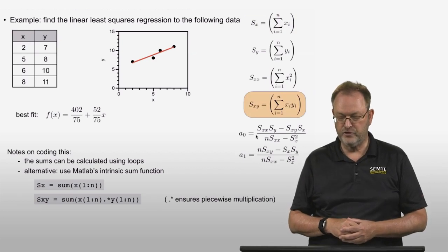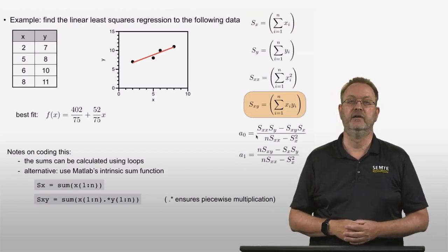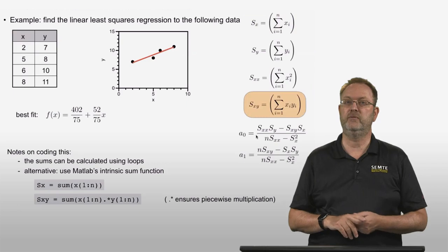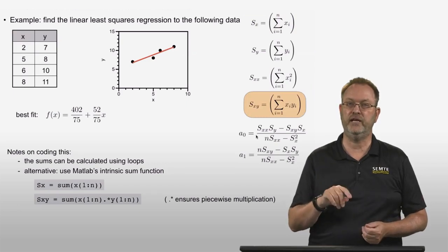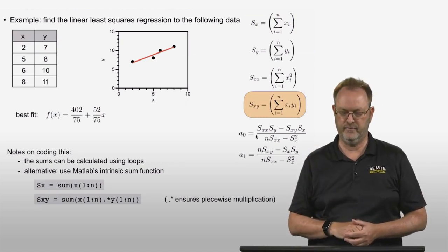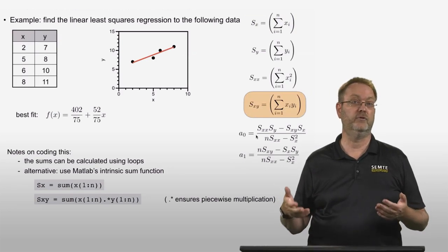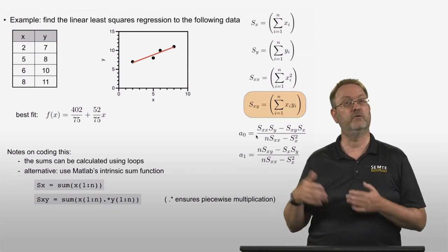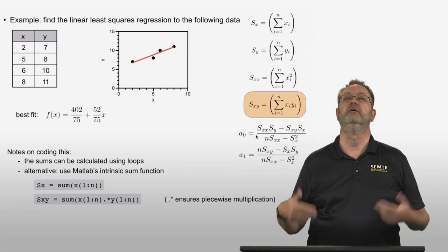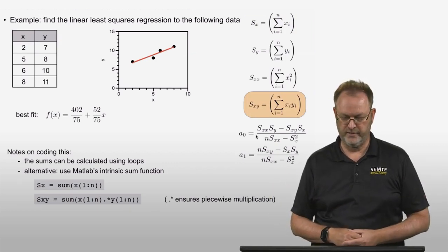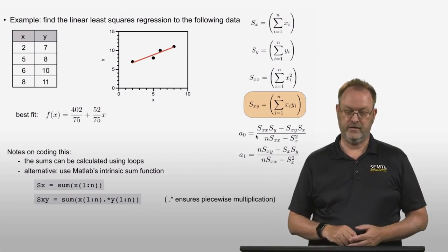And in MATLAB, to ensure this piecewise multiplication, we don't just write the multiplication symbol, but we have to write a dot, a point, and then the multiplication symbol, telling MATLAB that we have to multiply each individual entry in the vectors together before doing the sum operation. And that's how we would do least squares regression.